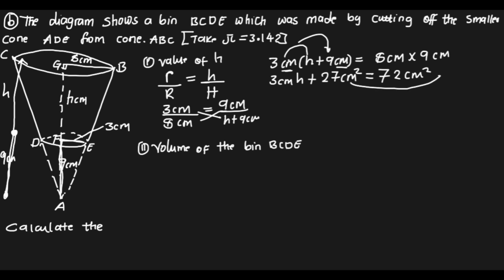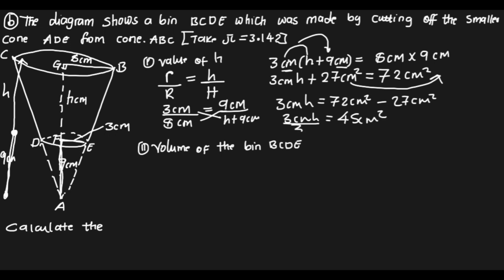So this will move to this side, giving us 3 centimeters h is equal to 72 centimeters squared minus 27 centimeters squared. So 3 centimeters h is equal to 72 minus 27, we get 45. So we get 45 centimeters squared.